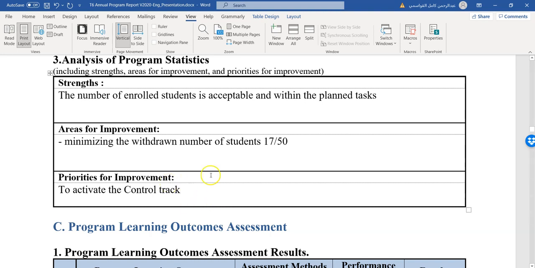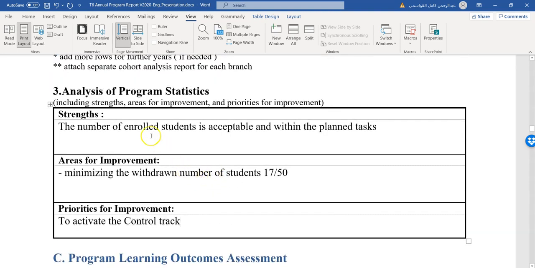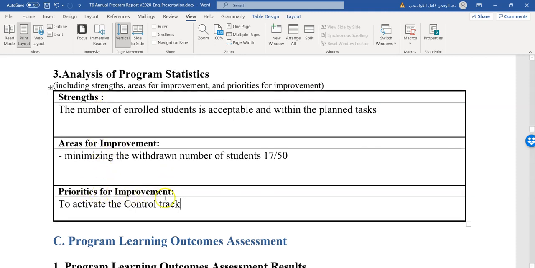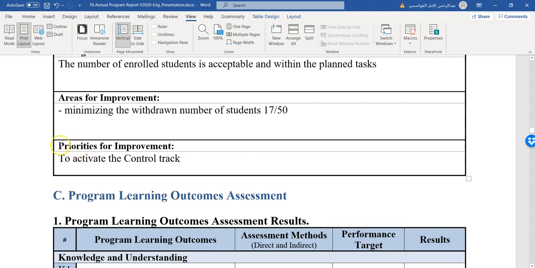So this is about you write what you want regarding the strength, areas for improvement, and priorities for improvements. So the priorities for improvement should be included. What you are writing for priorities for improvement should be included in your action plan, or improvement plan.